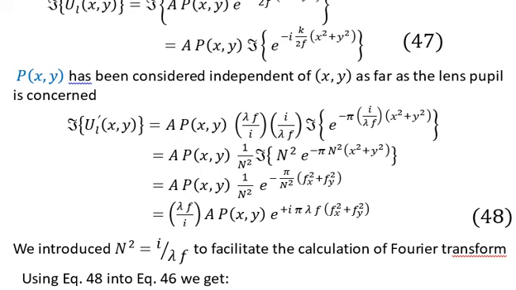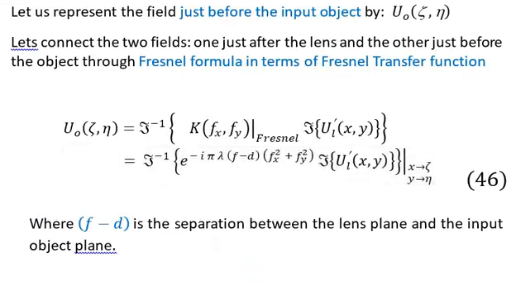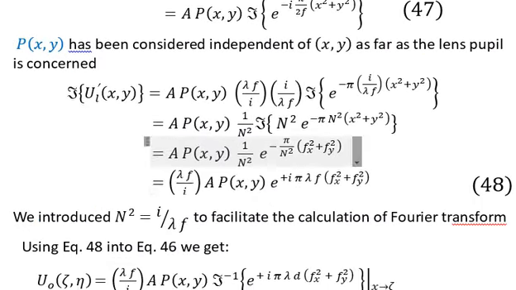This is the Fourier transform of the field which we are addressing here. For example, in equation number 46, we need to calculate the Fourier transform of ul prime of x comma y, which was the field just after the lens, and we have calculated that in the last step of equation number 48.